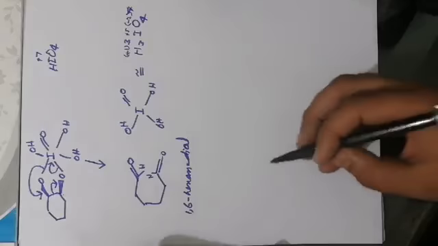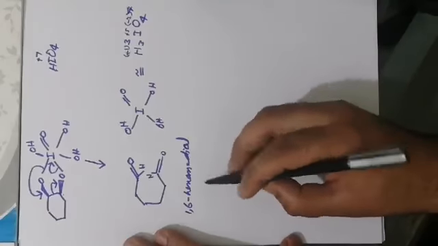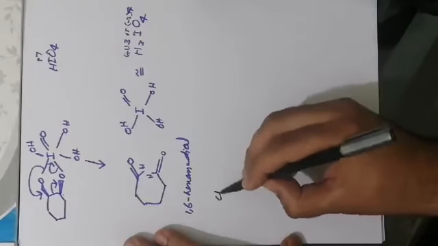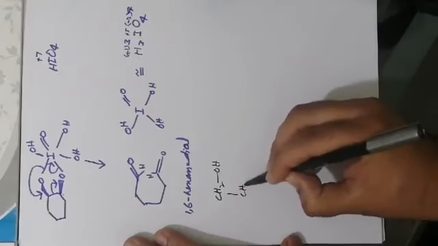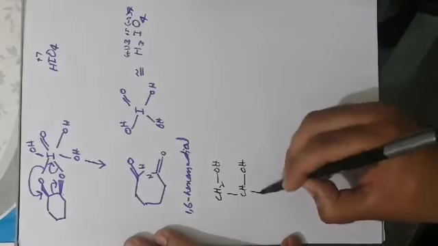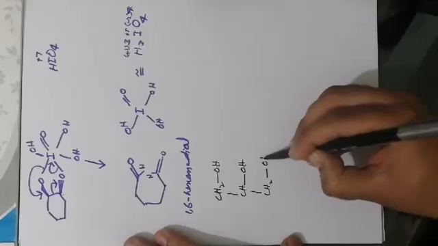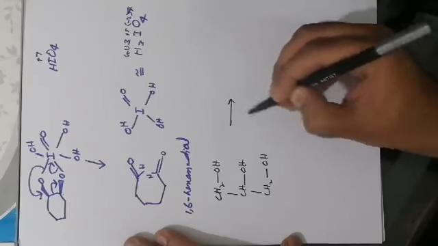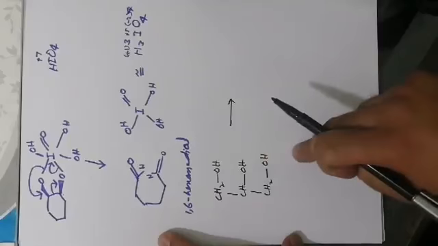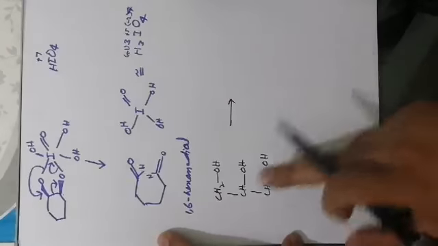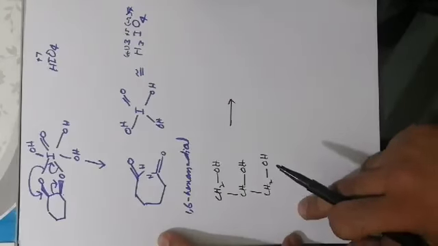So if you have this polyhydroxy compound, that is known as glycerol, here we have 3 hydroxyl groups that are vicinal to each other, with no spacer between them.